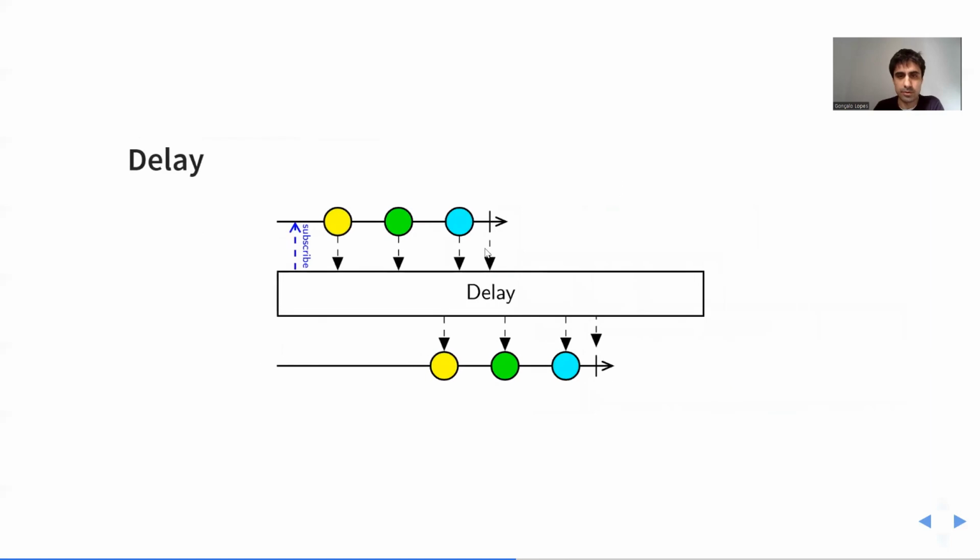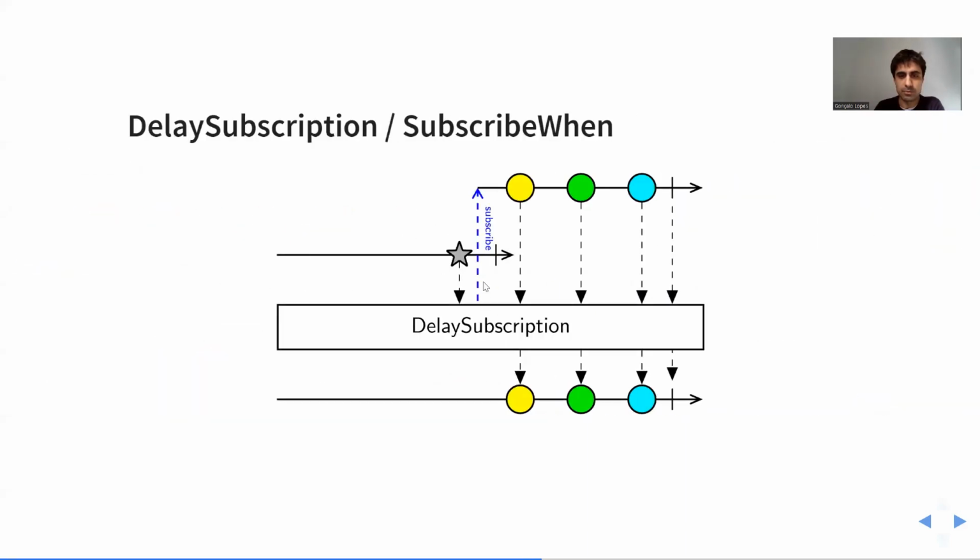So you can compare the two marble diagrams. Here in delay, subscription is immediate, but the elements are shifted, whereas here the subscription moment is shifted, but each time we get a value, we immediately propagate it to the result sequence. So now you can imagine the difference between these two operators when looking at our camera example.